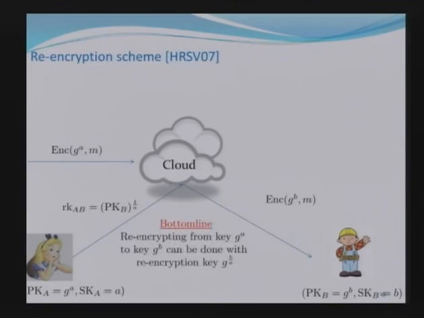I'm not getting into any details over here, but the bottom line is that re-encrypting from a public key G to the A to the key G to the B can be done with the help of a re-encryption key G to the B over A. If you look at what PKB to the 1 over A is, it's simply G to the B over A. Okay? There's more going on over here, but this is sort of the bottom line from their scheme that we can use.